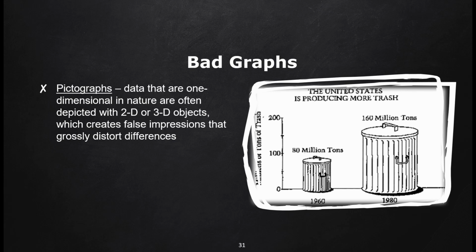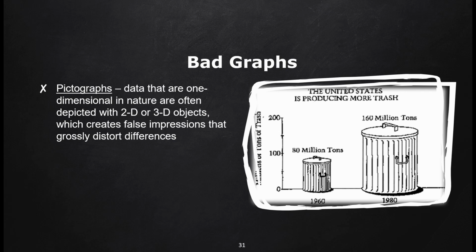But no, just slow down and take a look at the graph. In 1960, we got 80 million tons. Then we go over to 1980, that's 20 years in difference, and now we have 160 million tons. It doubled, right? So 80 times 2 is 160. But the picture there, those little trash cans, it looks like you can fit 4 little trash cans into the larger one.